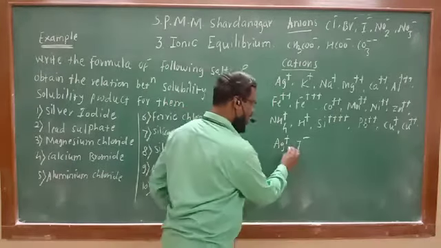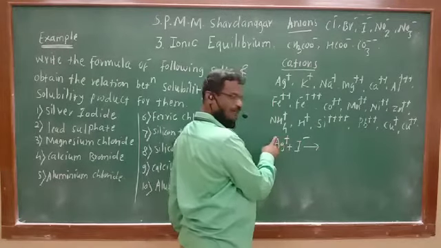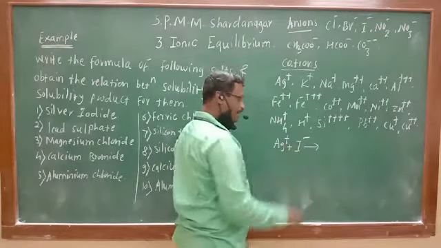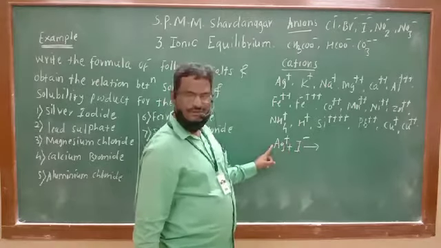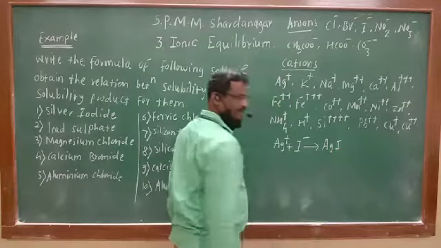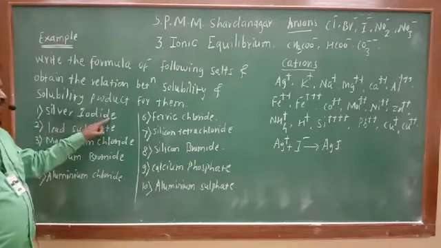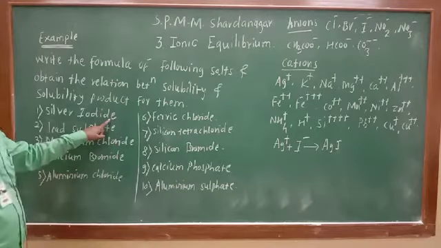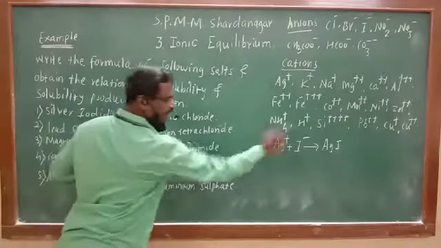So the positive charge of Ag+ is neutralized by the negative charge of I-, and the negative charge of I- is neutralized by the positive charge of Ag+, and we get silver iodide. So what is the molecular formula for silver iodide? Silver iodide has the formula AgI.